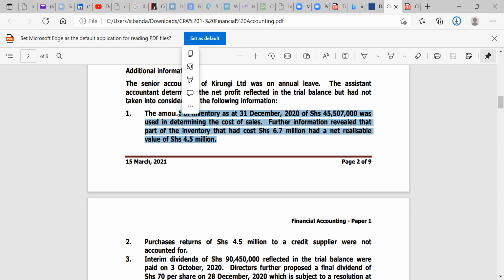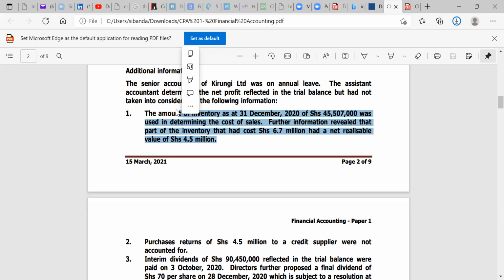What cost to sell means basically is that when you're going to sell that phone, you're going to incur some costs like transport or advertising.